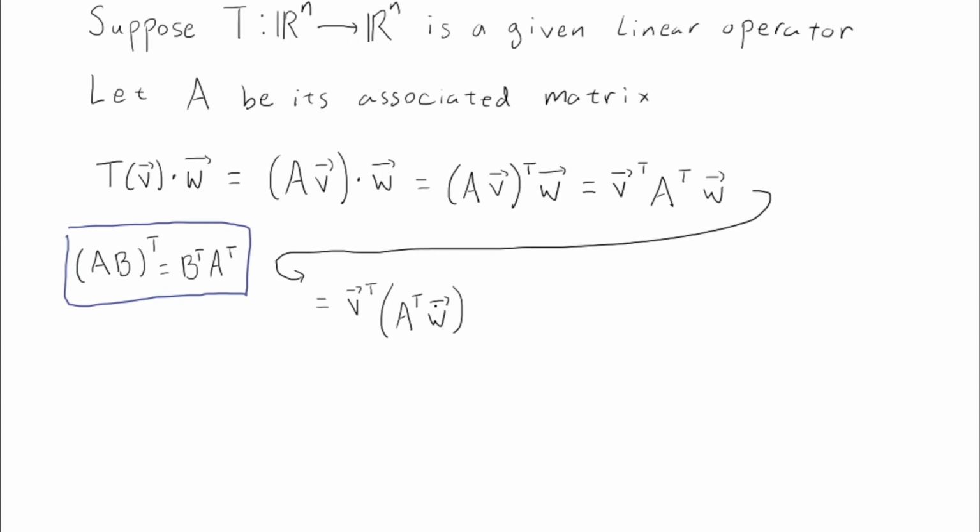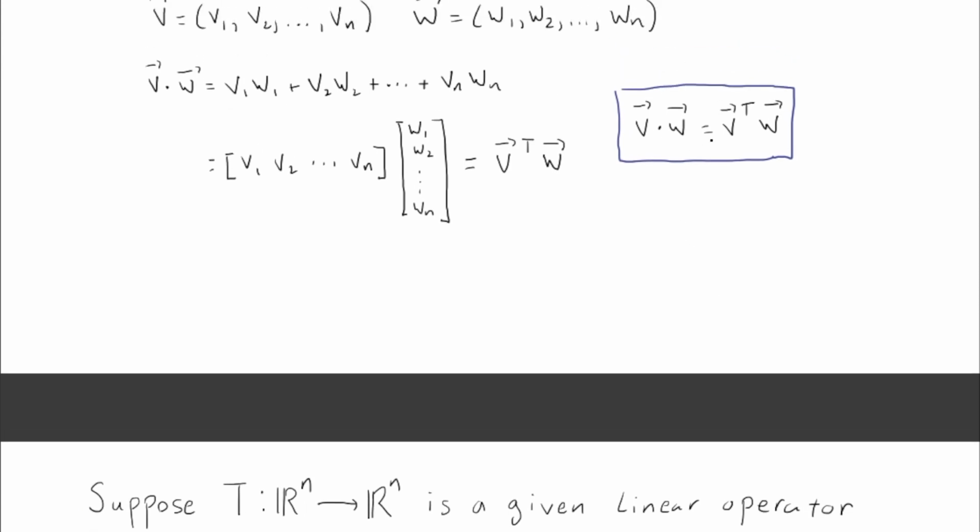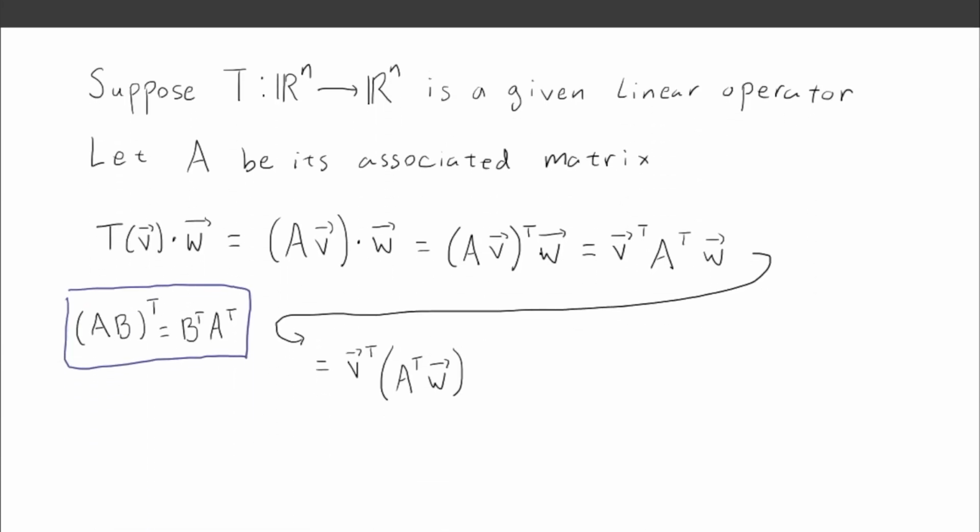This is V transpose times this vector A transpose W. And again, from this identity here in the purple box, V dot W is V transpose times W. Here we have V transpose times A transpose W. If you want to write this as a dot product, this is V dot A transpose W, which is a different linear operator, the linear operator whose associated matrix is the transpose of the matrix A, right? So let's just give that operator a name, I guess. It's V dot T star, say, of W.